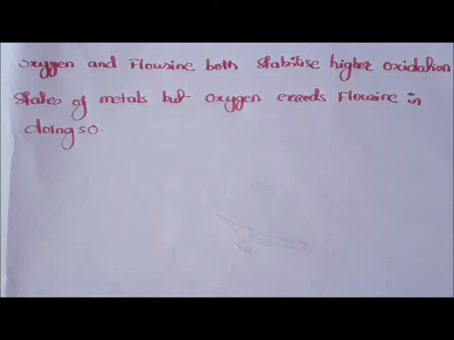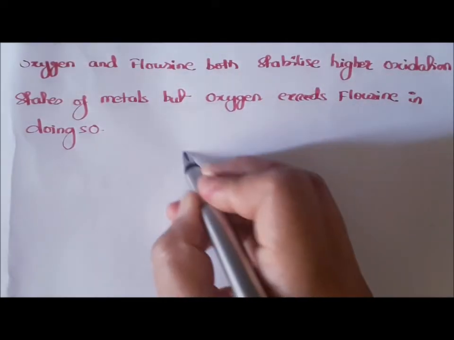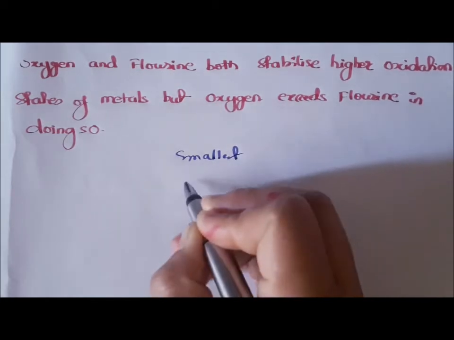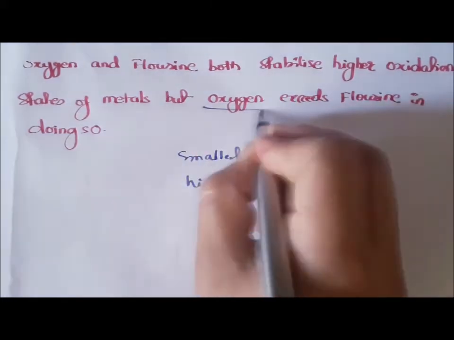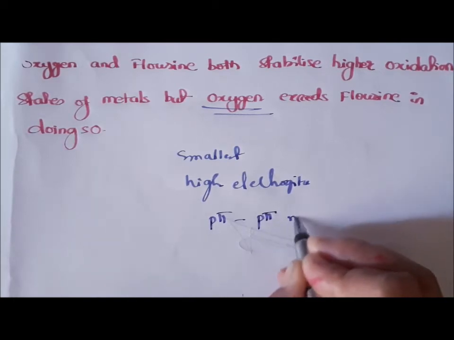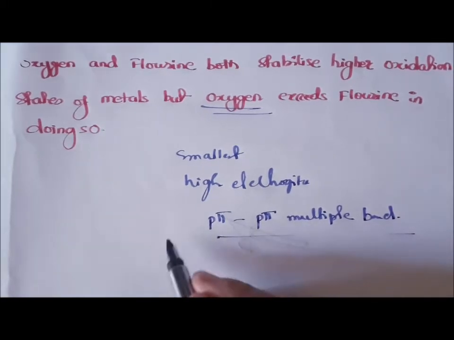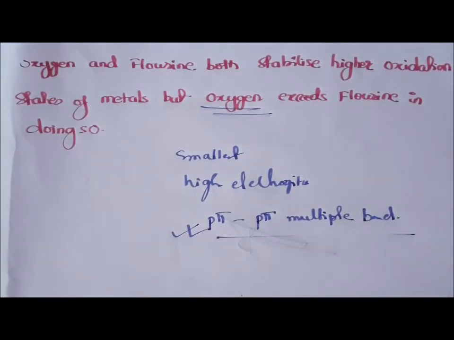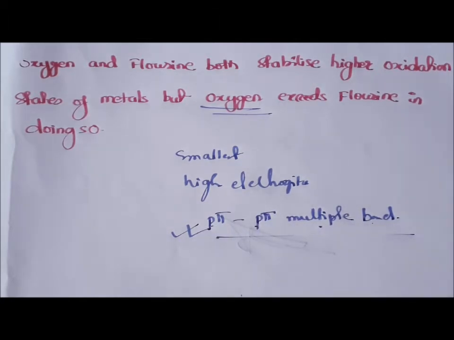Now the reason: though oxygen and fluorine both have the smallest size and high electronegativity, oxygen has the unique property to form p pi multiple bonds. Because of this, the p pi multiple bond stabilizes the higher oxidation state, and because of that halogens will have the highest oxidation state in oxides.